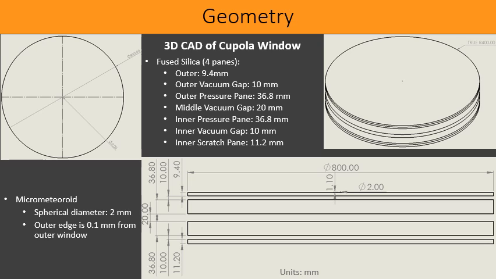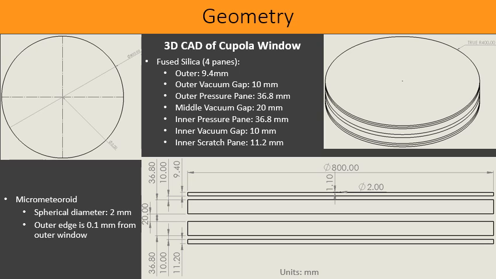So the geometry, here's a 3D schematic of the cupola window that I made. You can see all of the panes in here, the outer pane, the two pressure panes, and the inner scratch pane, with all the same dimensions that I just mentioned.